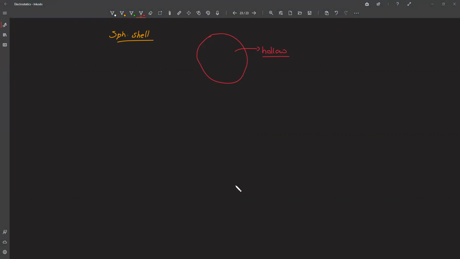Is this topic deleted? Yes, it is deleted, but there will be numericals on this, so there is no point in leaving this topic. And it's not very difficult, that's why we are doing it. It's very easy.